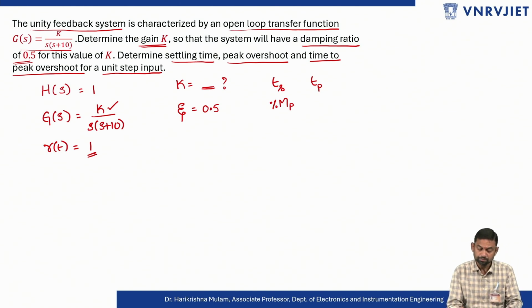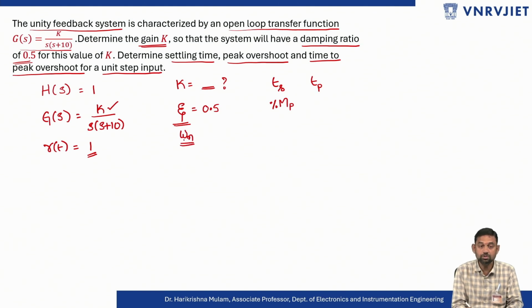Okay. Now, first of all, in a closed loop system, you are supposed to find the closed loop transfer function of the system. If you find it, then you can get information about zeta as well as omega n from that closed loop transfer function.